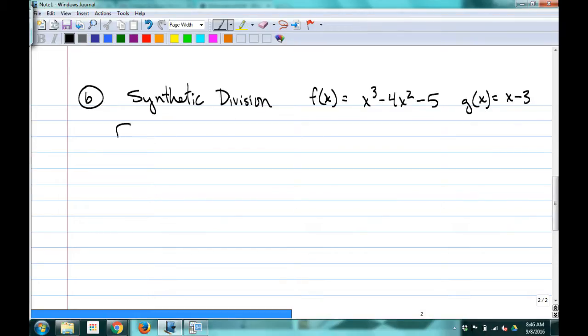Find f of x over g of x. Divide those two is what I'm saying. When you do synthetic division, I'm not sure exactly how Coach Mack set up his synthetic division. I'll show you how I do it, and there's several different ways to write it. I make this big L bracket here, and I put a little shelf out here on the side. It really doesn't matter how you do that, as long as you organize yourself.